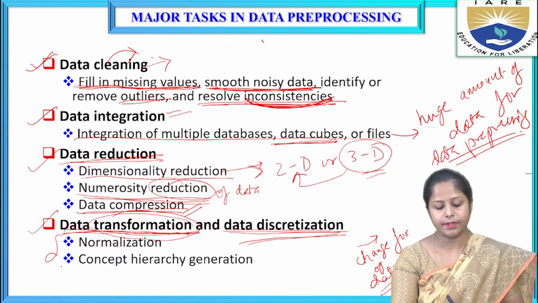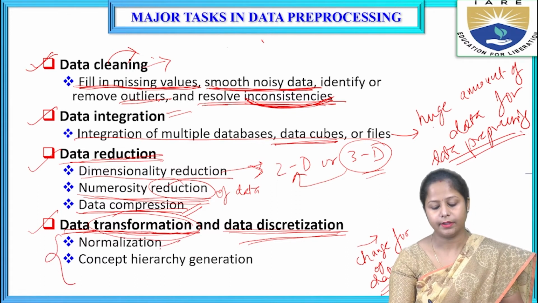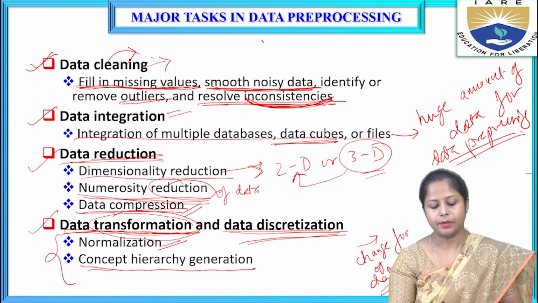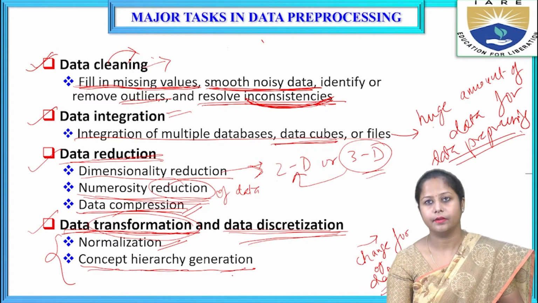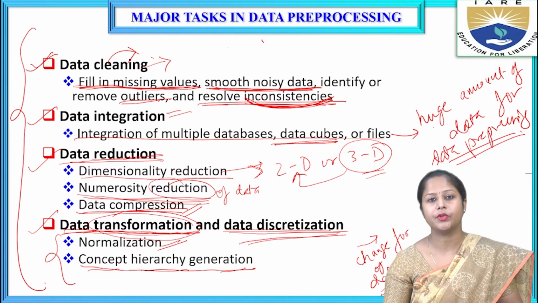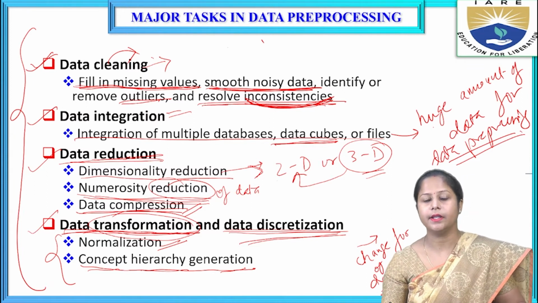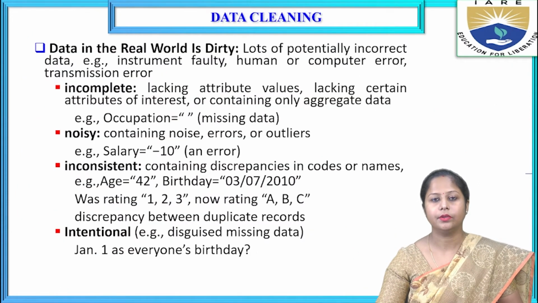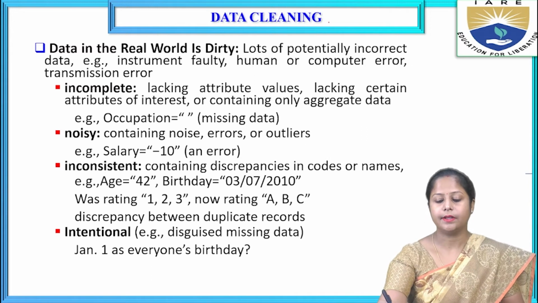For that, we have some methods called normalization and concept hierarchy generation. So these were some major tasks in data pre-processing when we start data pre-processing of any data set. First we will take data cleaning.